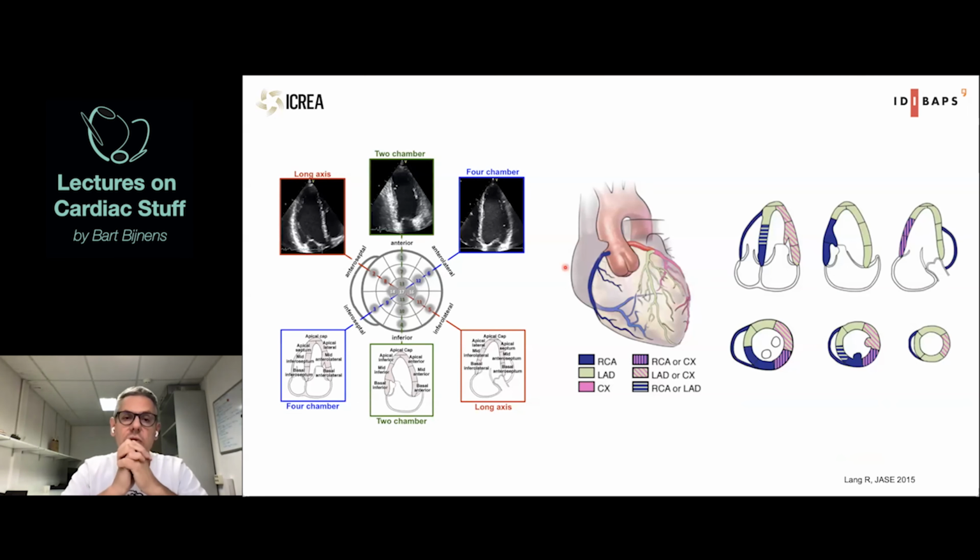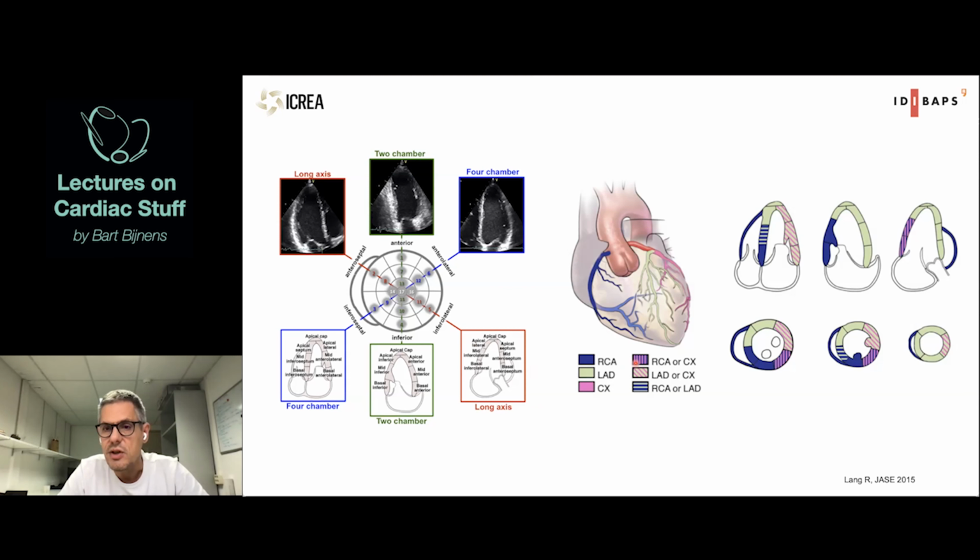Now, this brings me to how you look at this in clinical practice and how you do research about this. For that, I want to come back to the classical way echocardiography is done, where of course you have the typical views. According to the guidelines, in every view you divide the chamber into 6 or 7 segments, and you report or measure, if you want to quantify, these segments separately.